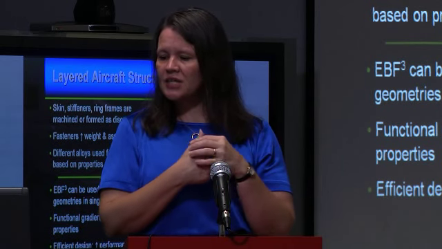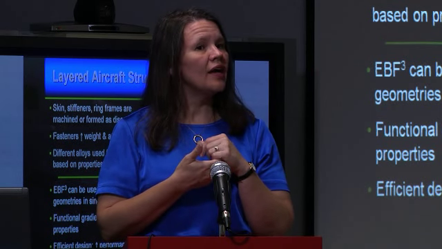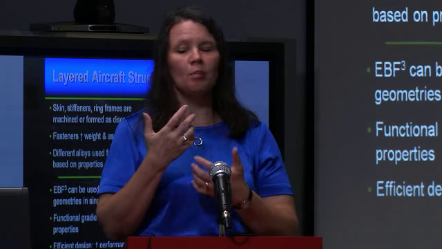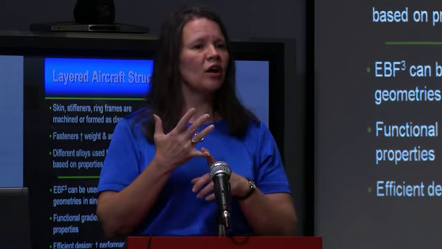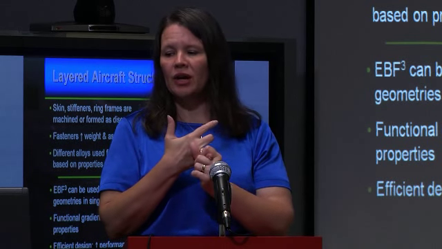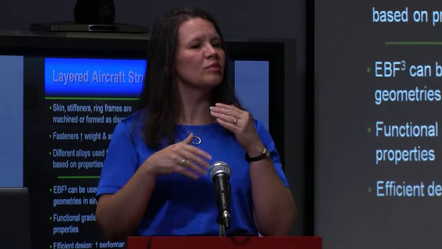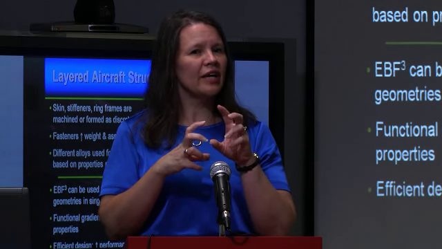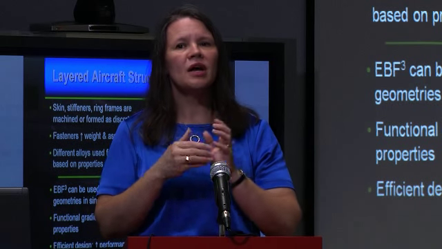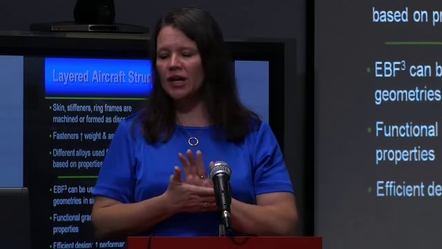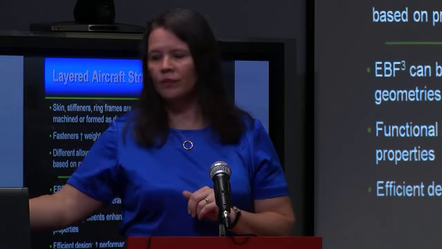So one of the things that the EBF3 allows us to do is, because it's layer additive, we can build that same structure, but you've eliminated all the rivets, and you can still change your materials on the fly. So we've done some of that, changing the materials, so that I can still tailor the properties of my material to what the structure needs, but I can do it much more efficiently. And you know, the net result is I improve the performance and reduce the weight.